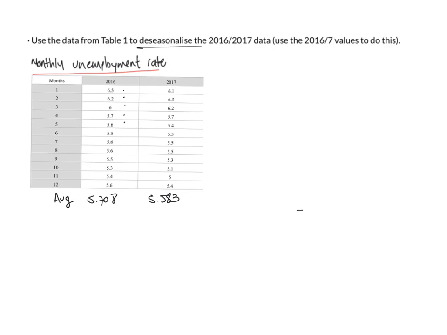Once we find the average, we find the indices for every year. For the first month of 2016, we do 6.5 divided by our average, which is 5.708, and that gives us a result of 1.138. This is what we call the seasonal index, which is the actual value over the average.